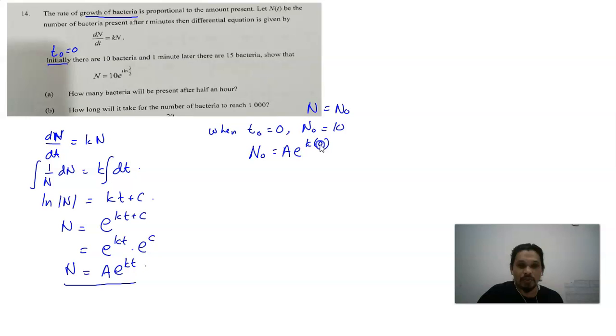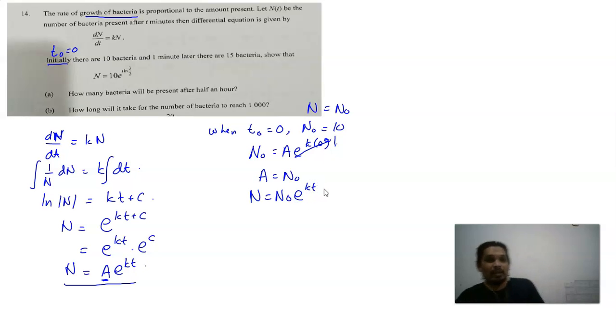K times 0 equals 0, e power of 0 equals 1. 1 times A equals N naught. So we replace A with N naught here, so N equals N naught e power of KT.